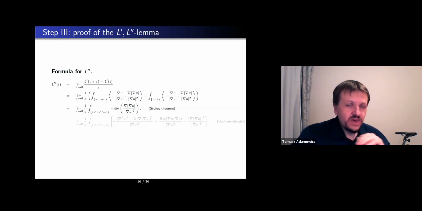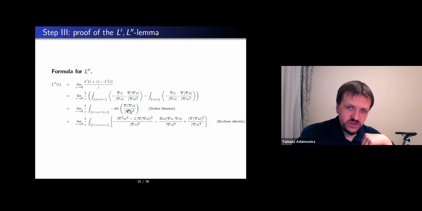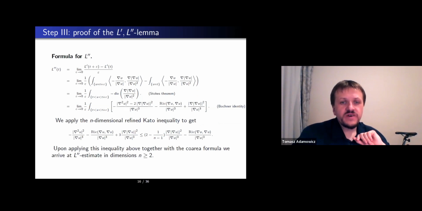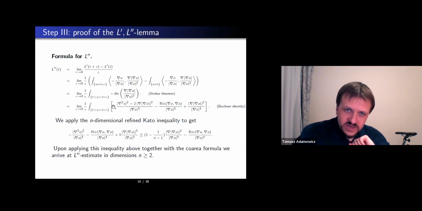And the derivation for LBs is quite similar. We again start with the definition of the derivative, use a formula for L prime, Stokes' theorem, compute this divergence, apply the Bochner identity, and at this stage we use the n-dimensional Kato inequality, which combines this expression with this type of expression and allows us to estimate this long expression by this right-hand side.